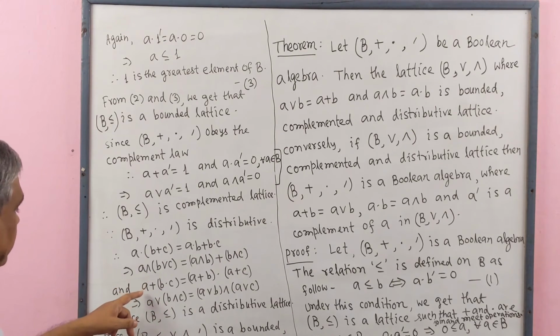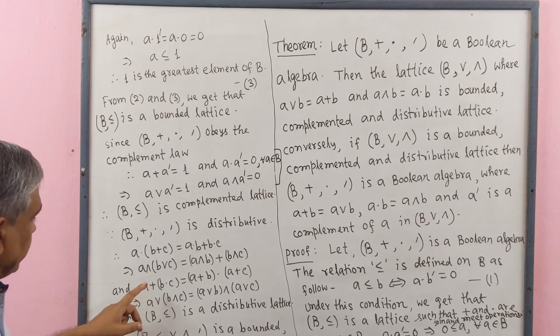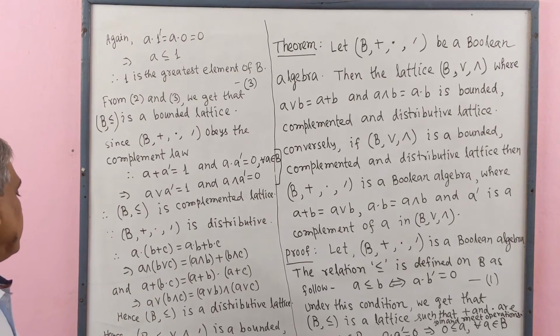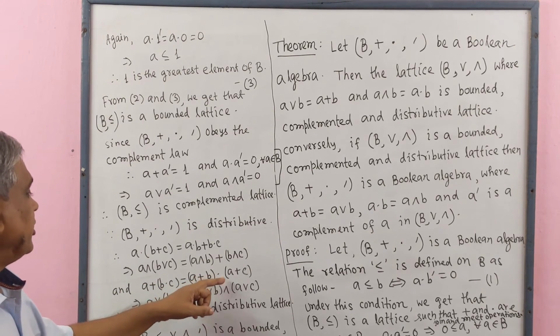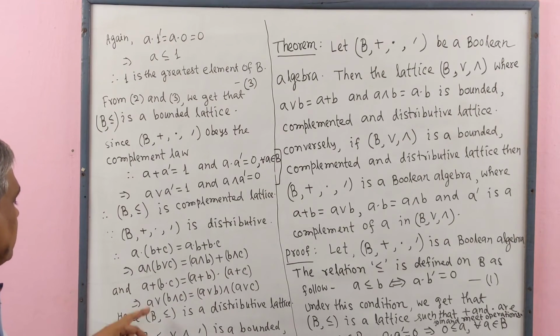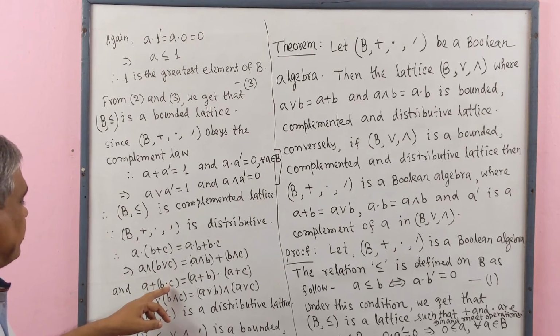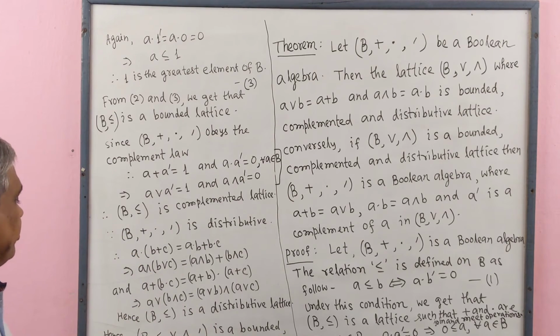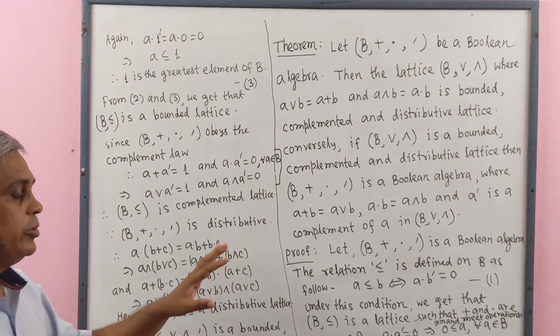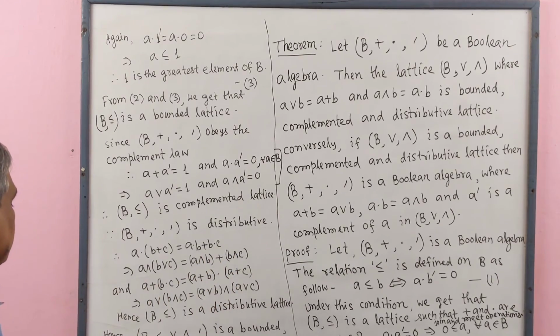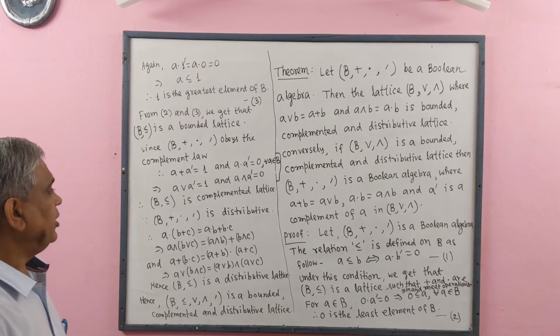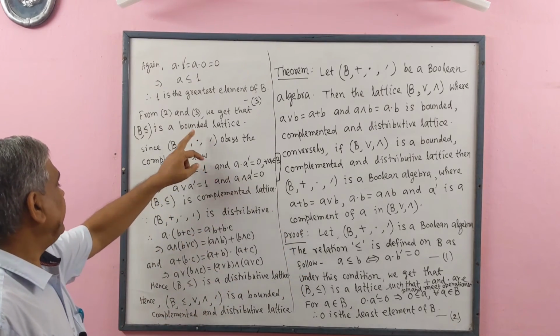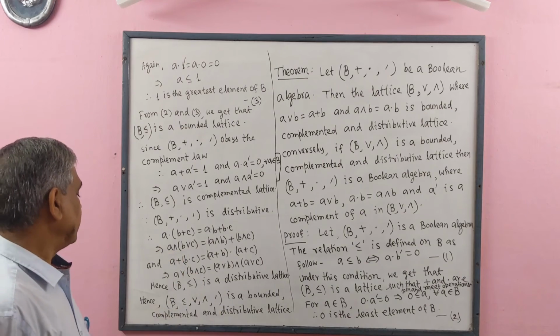Again, in Boolean algebra we get that A plus (B dot C) equal to (A plus B) dot (A plus C). In place of plus we write join, in place of dot we write meet in both sides. So we get that B is a distributive lattice. So we get B is a bounded, complemented and distributive lattice.